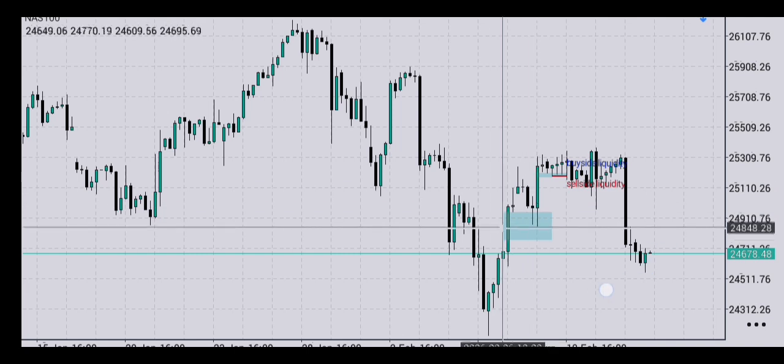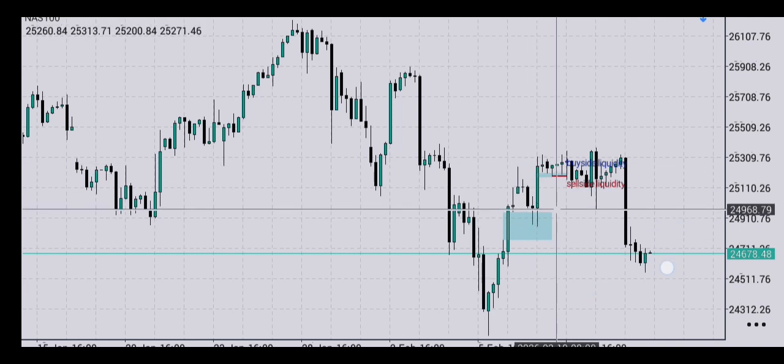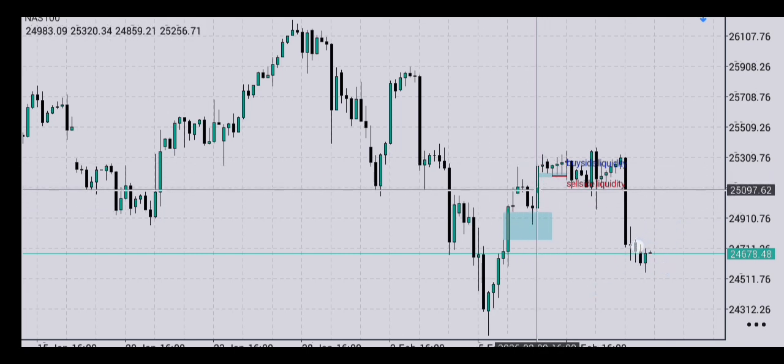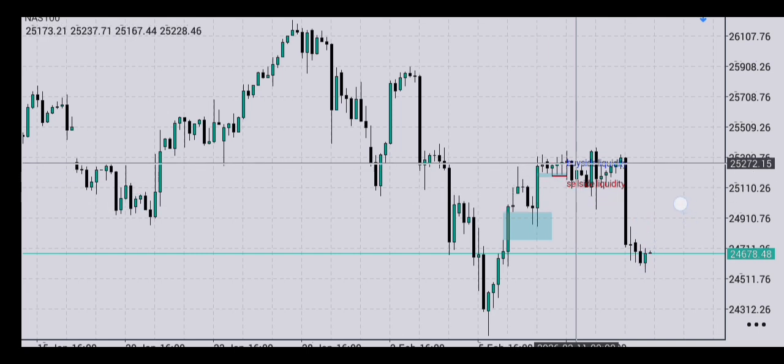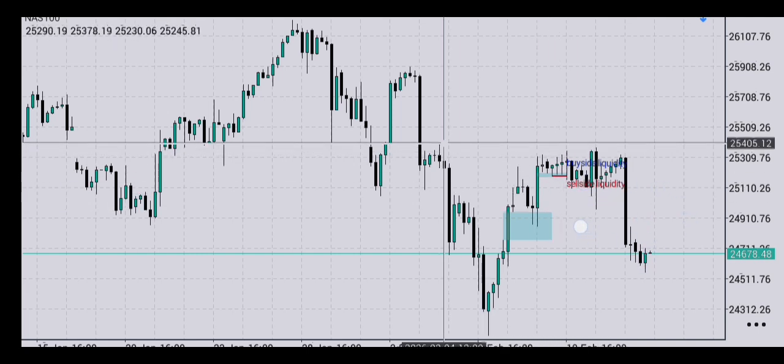So we are expecting bullish order flow, and I'm looking for this fair value gap to support price to get to this very high. Now this high was my draw on the day, but ICT teaches us that your draw from the higher time frame does not have to be met.